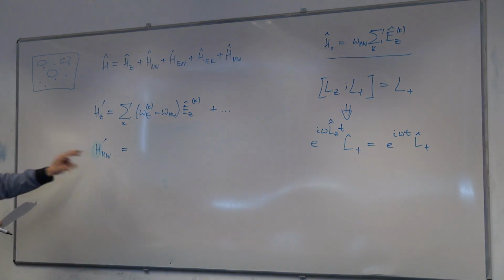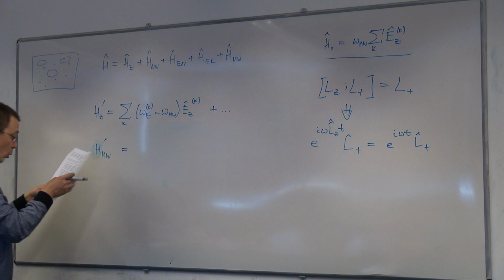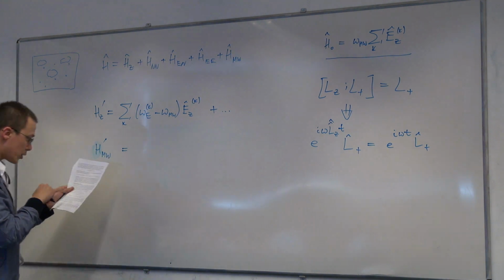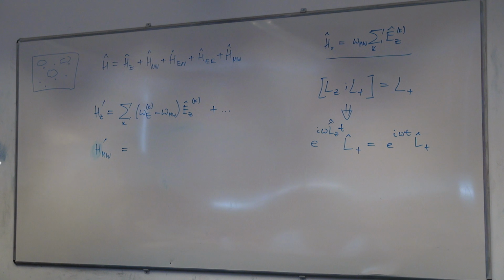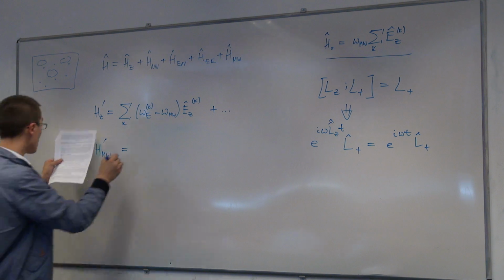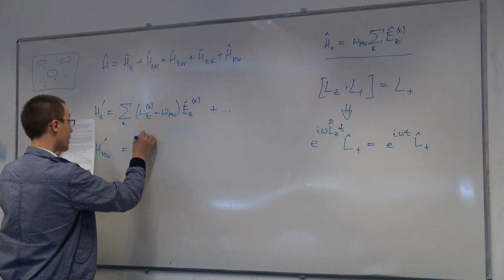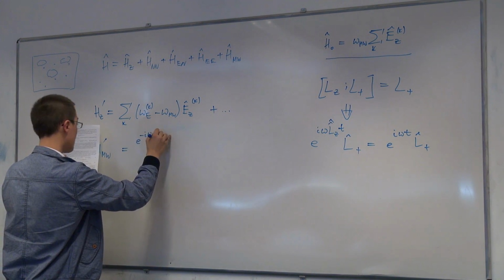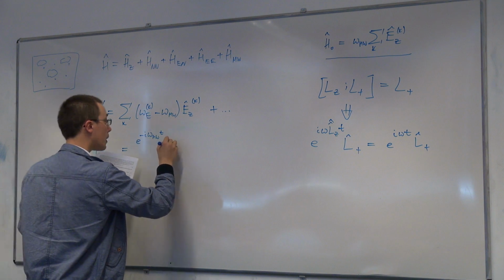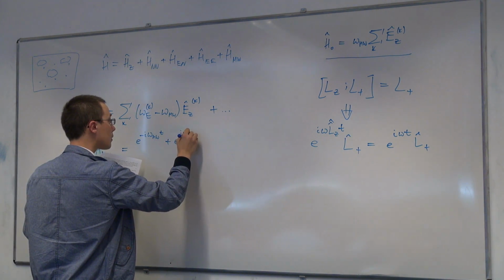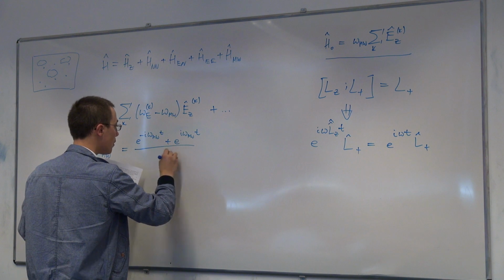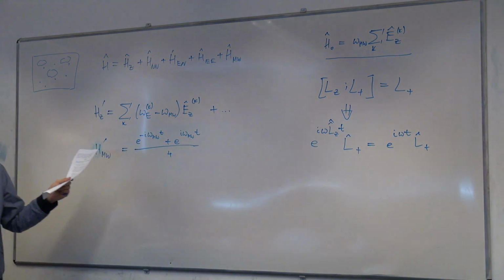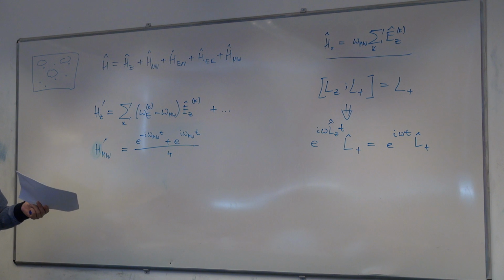So if we apply that to the microwave, what we are going to have is, I've just rewritten the previous Hamiltonian in your equation 10, but I've added the frequencies to the E plus and the E minus in the round brackets. So we've got e^(-i omega microwave t) plus e^(i omega microwave t) over 4. That was the cosine modulation term. It's a scalar modulation, so of course it remains unchanged.